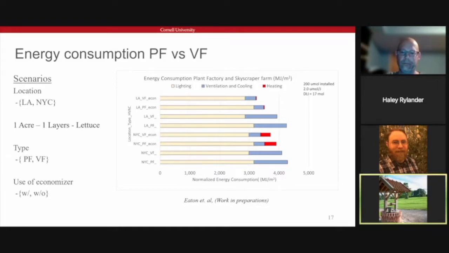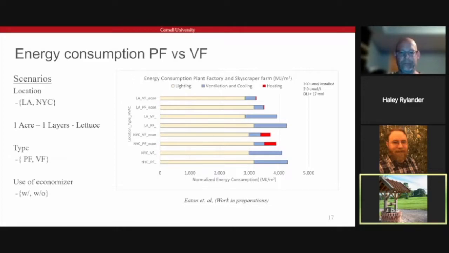The next bar up from the bottom is the New York City vertical farm or skyscraper farm, which is basically our same plant factory model, but introducing transparent glazing on the walls. The energy footprint is lower, but not as much lower as you'd hope after introducing transparent glazing or building an entire skyscraper just for growing lettuce.